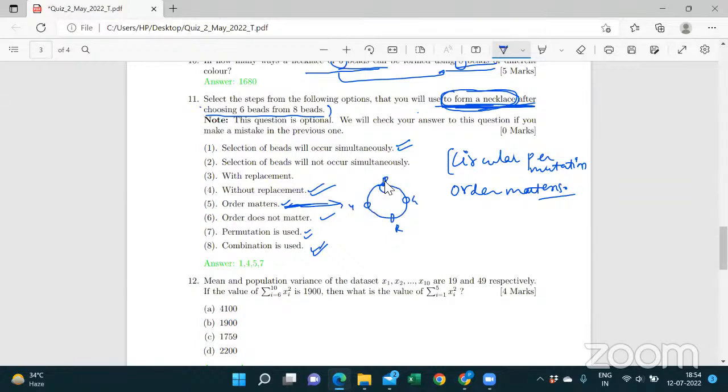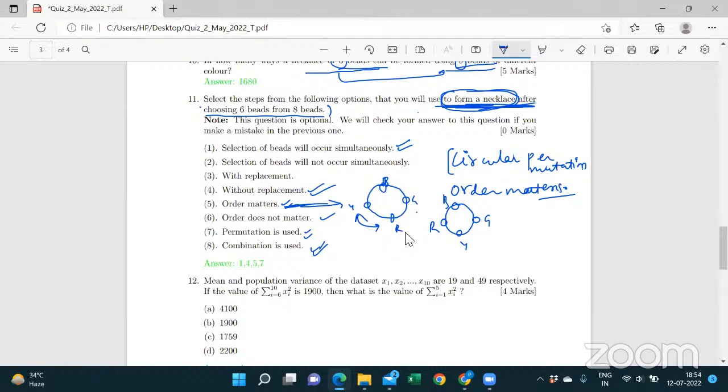Suppose this is your one arrangement. Suppose I open the necklace and change the sequence of the beads, I swap green and yellow, and red. Will this be the same or not? No, this is not the same.